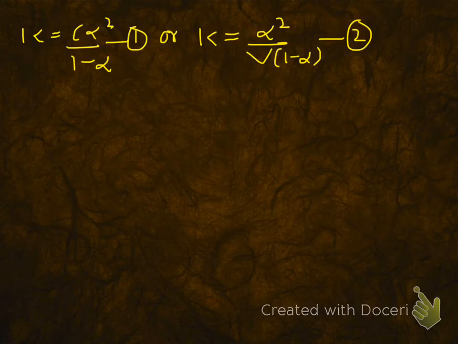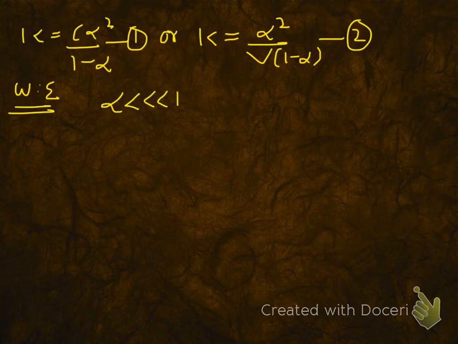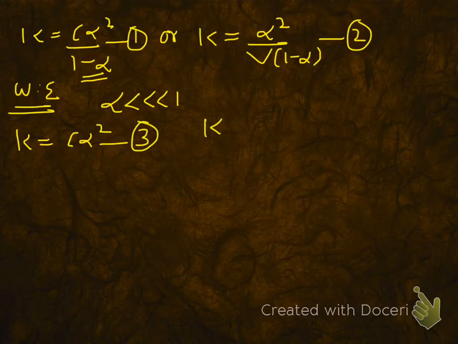If we are considering a weak electrolyte, under such condition alpha is negligibly small compared to 1. So in the denominator we can neglect alpha. So K becomes equal to C alpha square by 1. That means K equals C alpha square, or K equals alpha square by V.